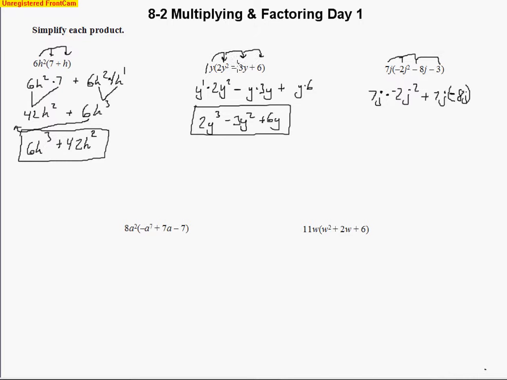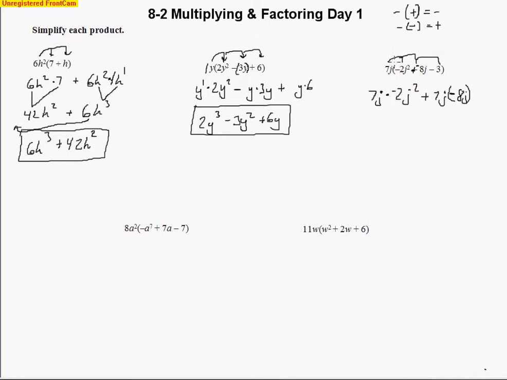You can think of it like this: y times 3y makes 3y squared, but then I just have that negative sign in front. Or you can think of it as plus a negative, and that's what I did over here. And so I'm just doing two different methods. Whichever method you like better works for me, as long as you remember that one negative multiplied by a positive is going to end up making a negative. When we have two negatives multiplied together, that makes a positive.